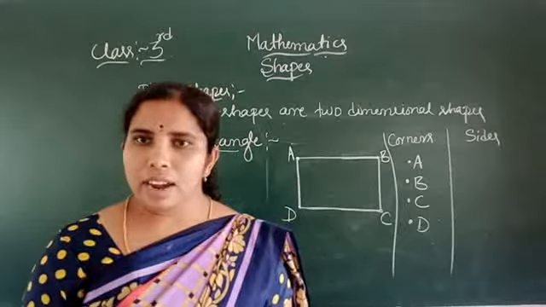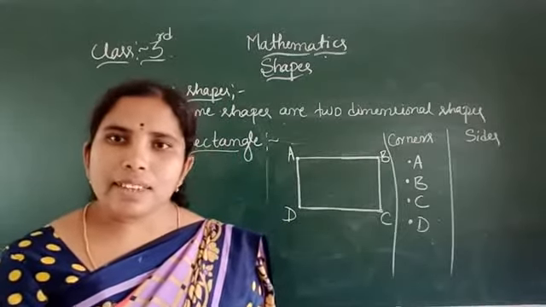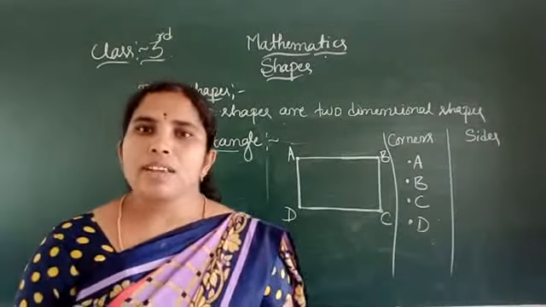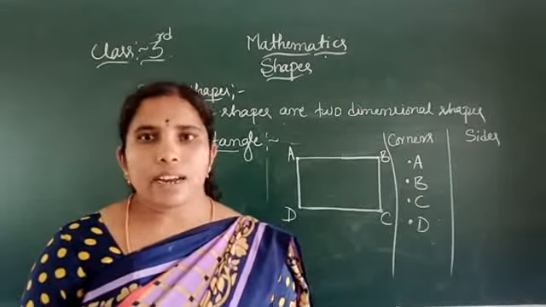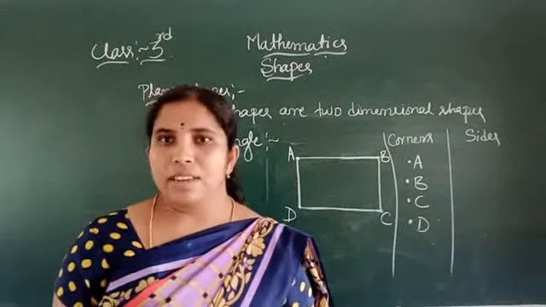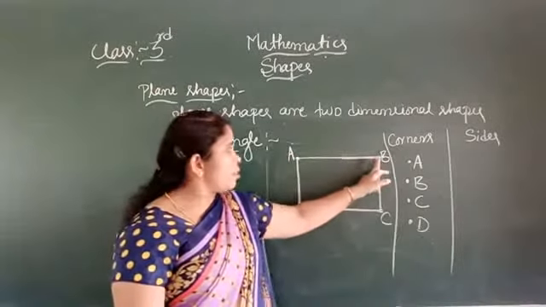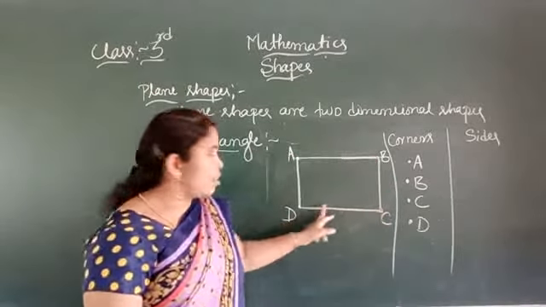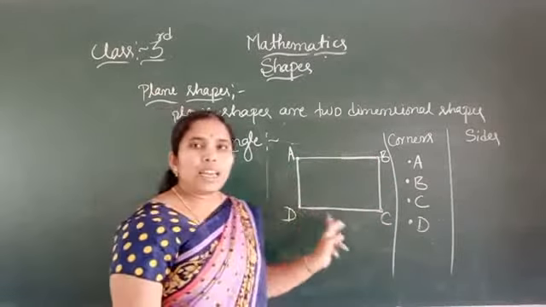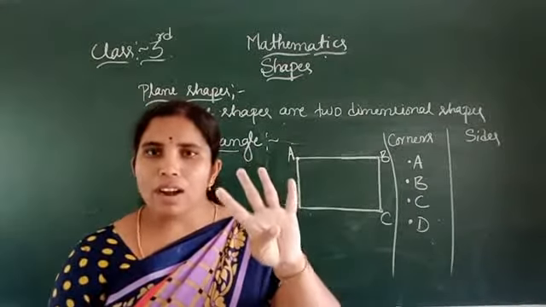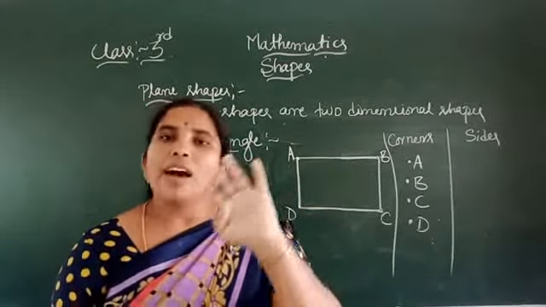Do you understand? Then how many sides are there? Do you know that line segments are called sides of a triangle, sides of a rectangle? The line segment AB, the line segment BC, CD and AD. These 4 are called sides of a rectangle.